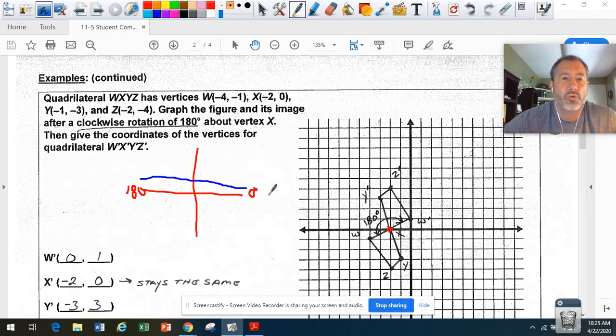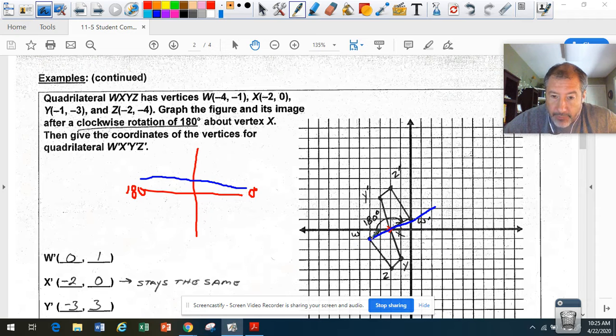So here's the easiest way to do this one. If this here is your W, and W we said is at -4, -1. Now, we are going around X. That's our center of rotation. So I know if this is my W here, if I draw a line that goes from W through X and extends all the way through, I can figure out where the new W prime is.